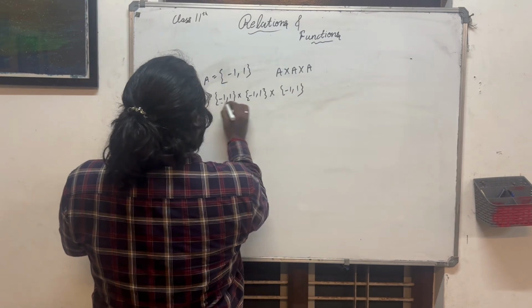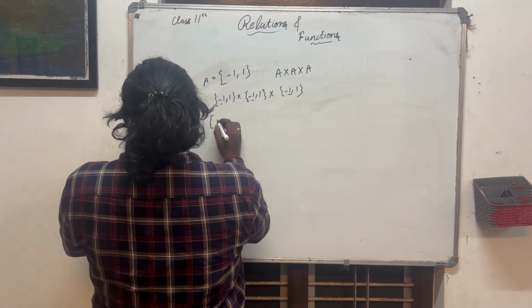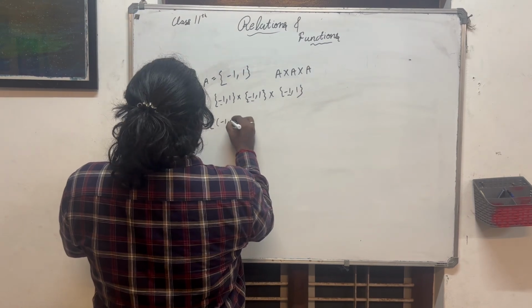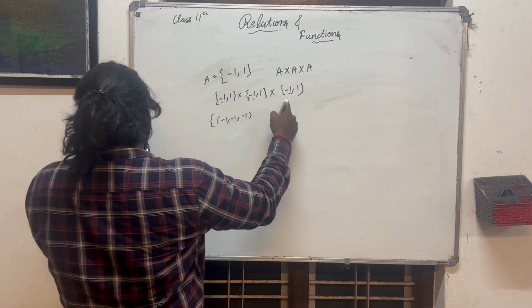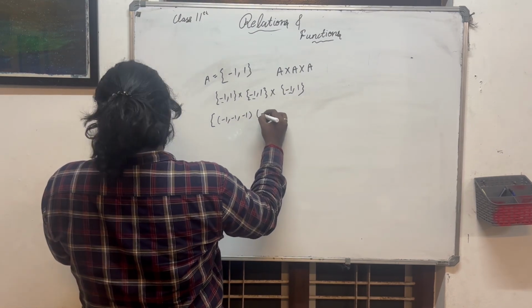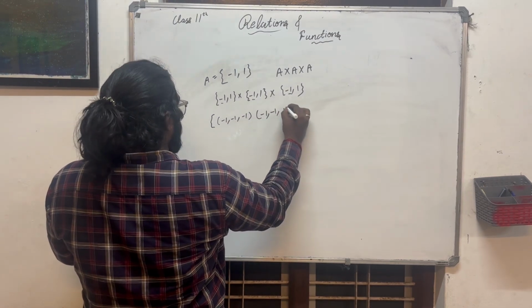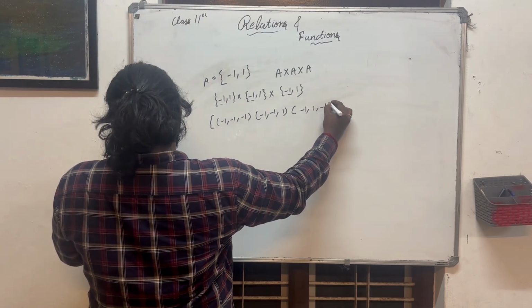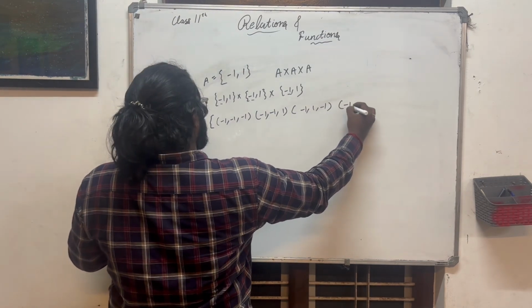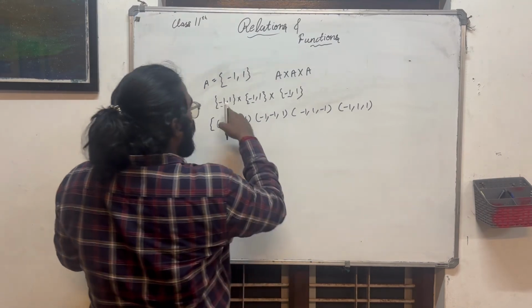First will be -1, -1, -1. I hope you can see -1 first, then -1, -1, 1, then -1, 1, -1, then -1, 1, 1. You see how it is getting mapped?